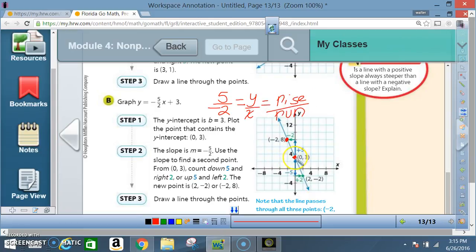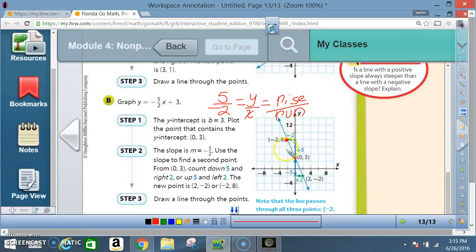My rise then is going to be 1, 2, 3, 4, 5. And my run is going to be a negative 2 that goes in this direction. So from here to here is 2. Or for those that are confused, 1 is midway and 2 is there, negative 2. So that's my slope going that direction.